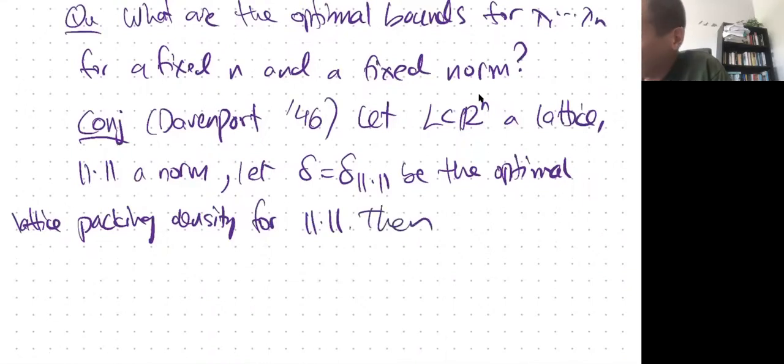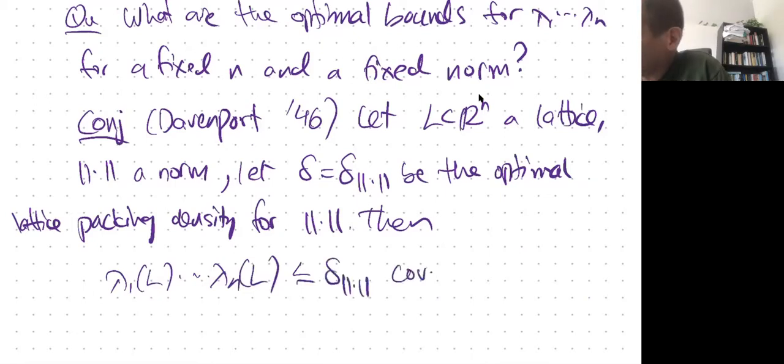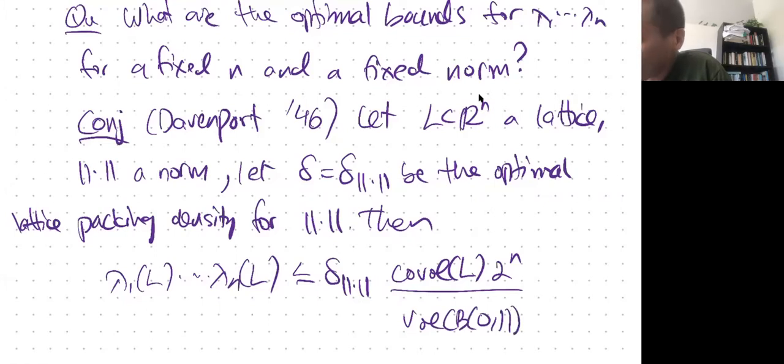that this product is bounded above. This is just a conjecture about the upper bound, where this is with respect to the norm.